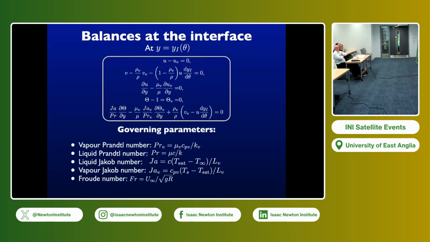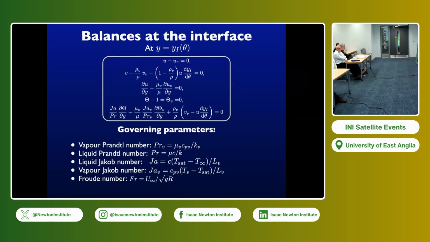So overall, we have the whole problem set, and the governing parameters. In principle, once the liquid is chosen, the Prandtl numbers of both fluids are fixed.